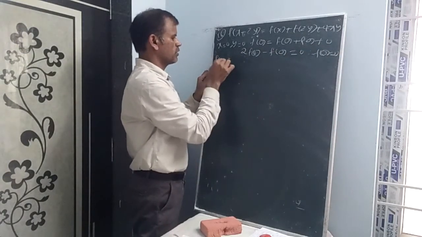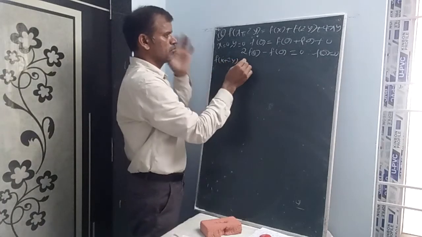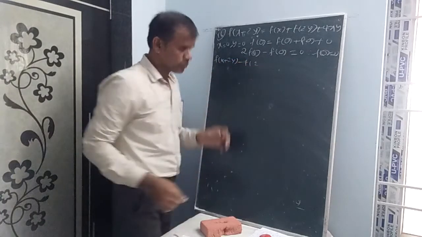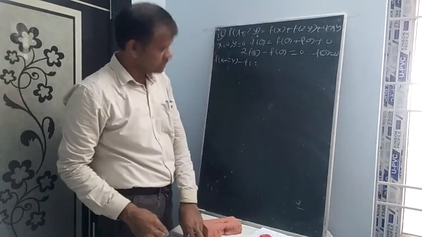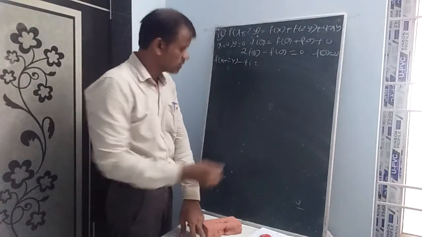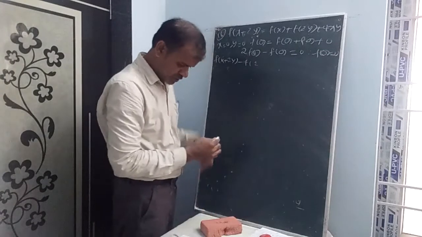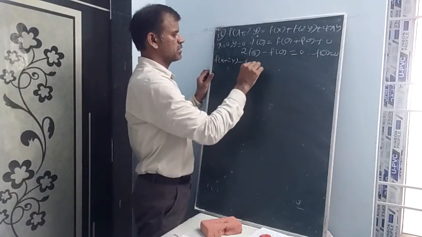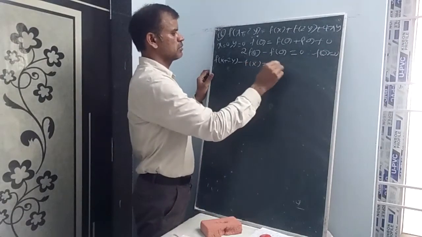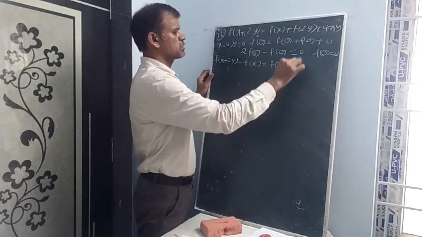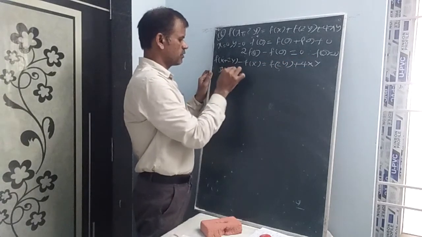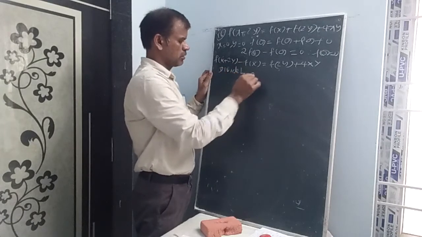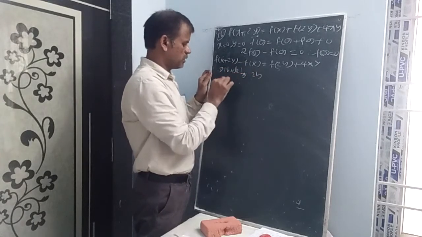Now f(x+2y) is equal to f(x) plus f(2y) plus 4xy. Exactly right. f(x+2y) minus f(x) is equal to f(2y) plus 4xy, divided by 2y.